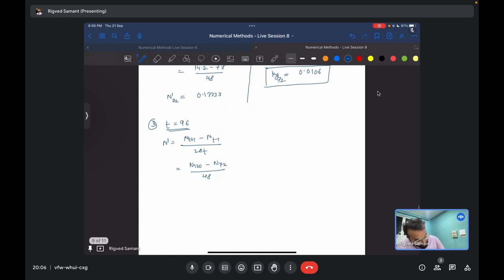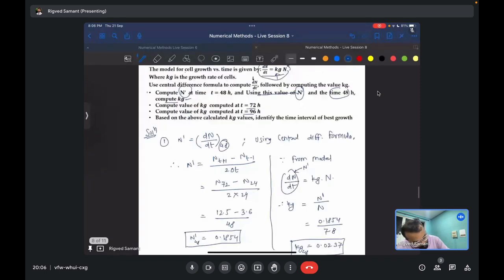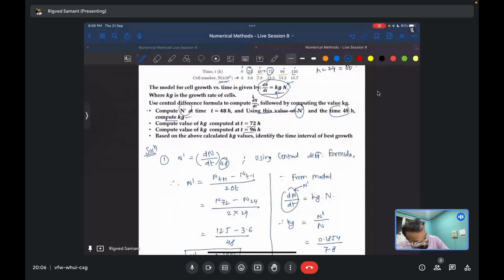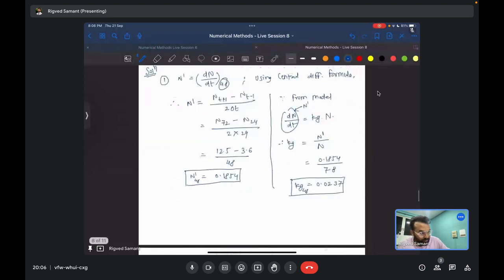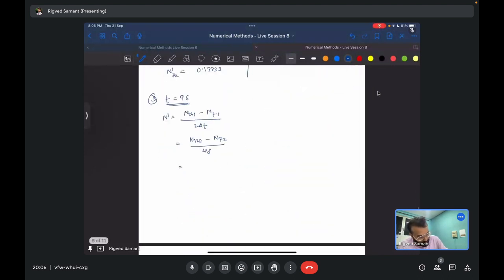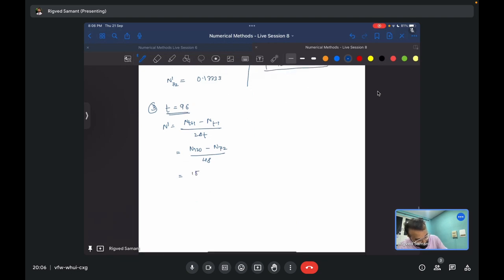So n of 120 is 15.7 minus 12.5. So 15.7 minus 12.5 divided by 48. So therefore n dash is equal to, so what is the value, I'm not quite sure what I have written, so I'll just calculate again.